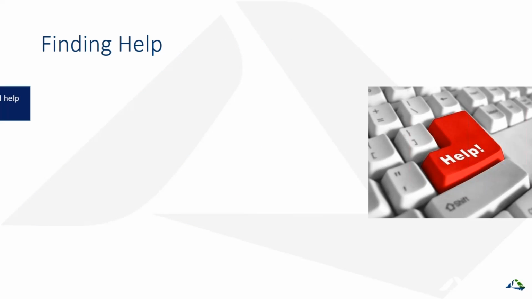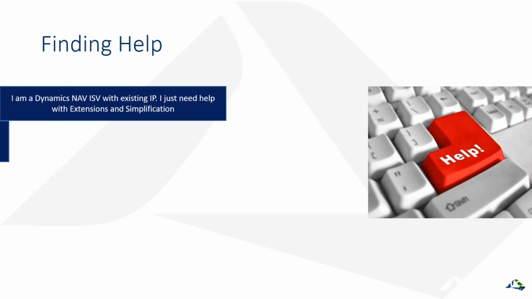So finding help, of course, we give a lot of information for free. We will do an entire webinar series, but if you need help on top of all of our free stuff that we're giving away, we think we can categorize the partners that need help into at least 3 parts. You may be a Navision ISV with existing IP, and you just need help with extensions and simplification.